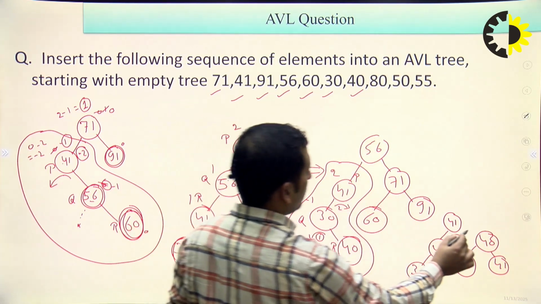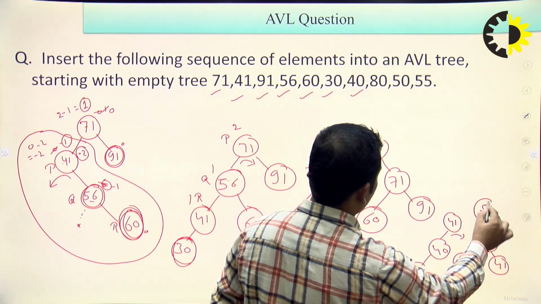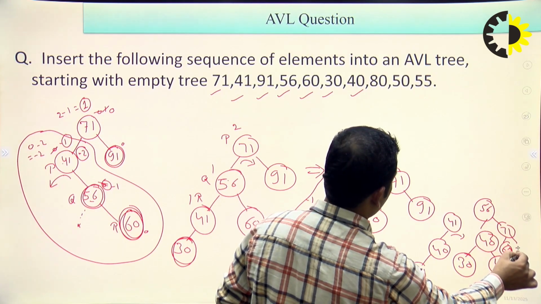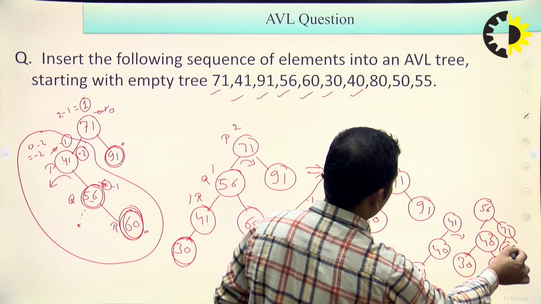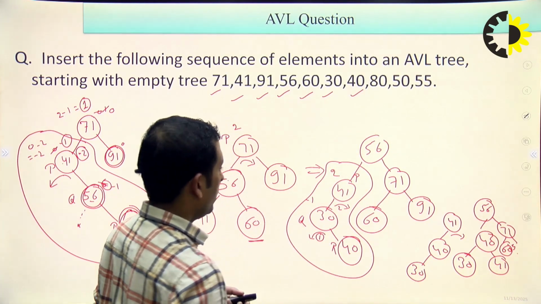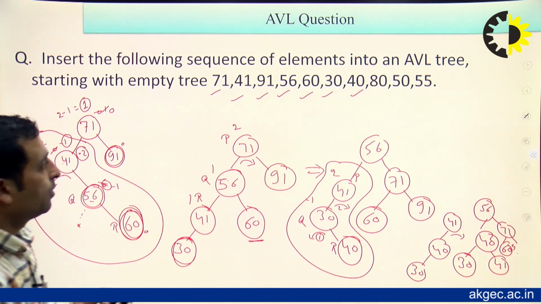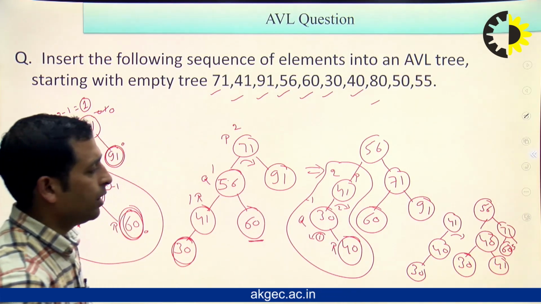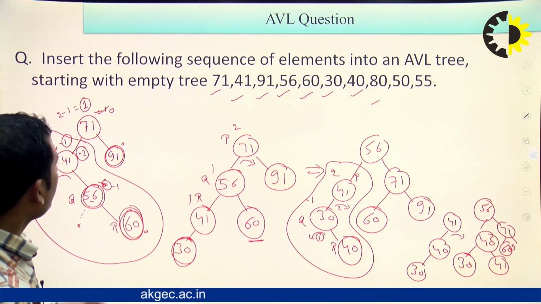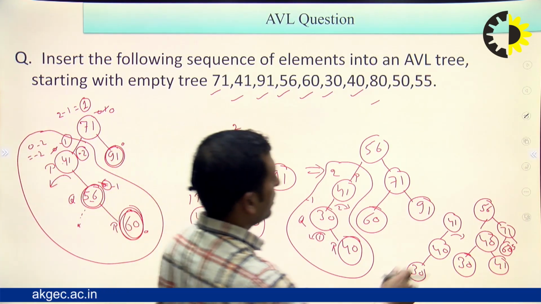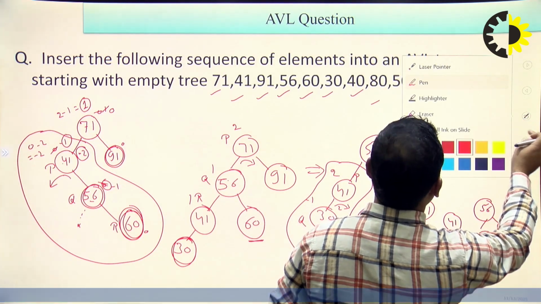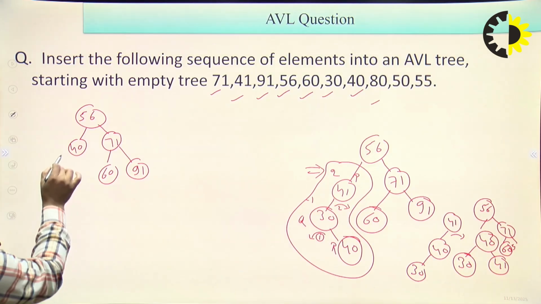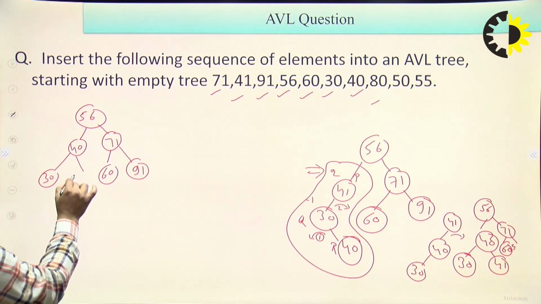Others are untouched, meaning this is 56 and 71, 60 and this is 91. So, our tree becomes balanced in this manner. Now, insert another nodes 80, 50 and 55 and rotate accordingly. This is 60, this is 91, this is 30 and this is 41.